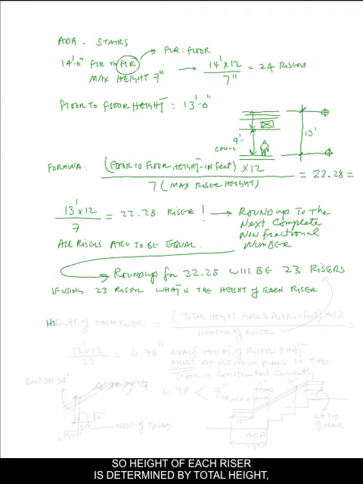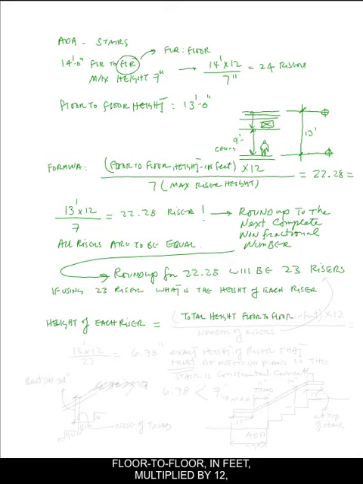So the height of each riser is determined by total height, floor to floor in feet, multiplied by 12, divided by the number of risers.